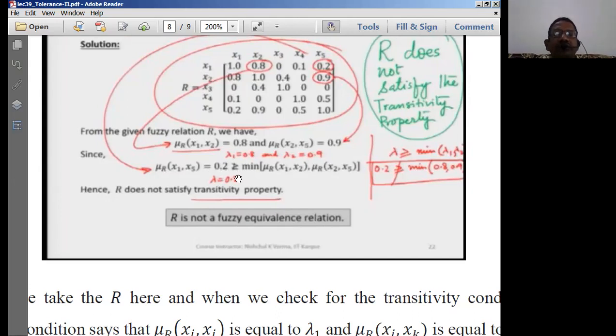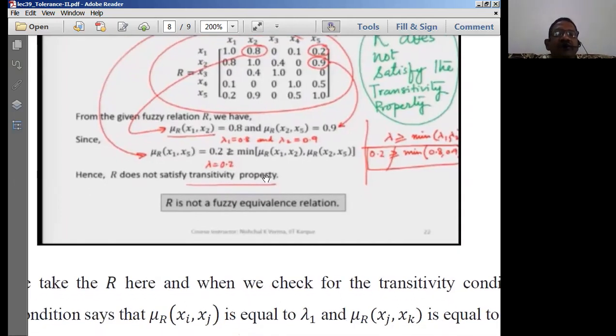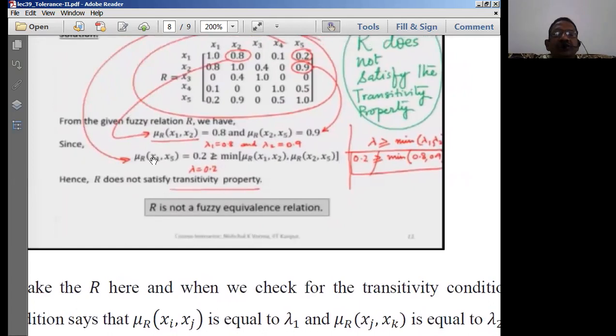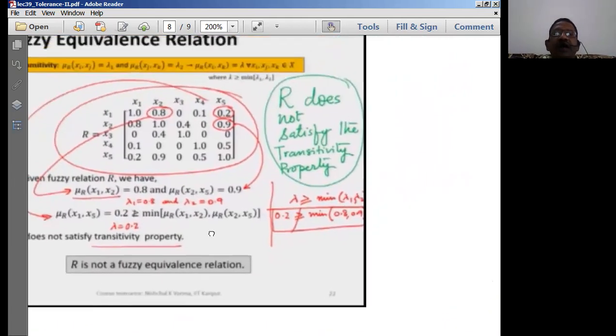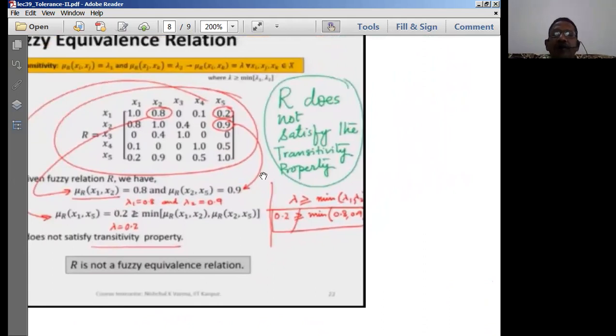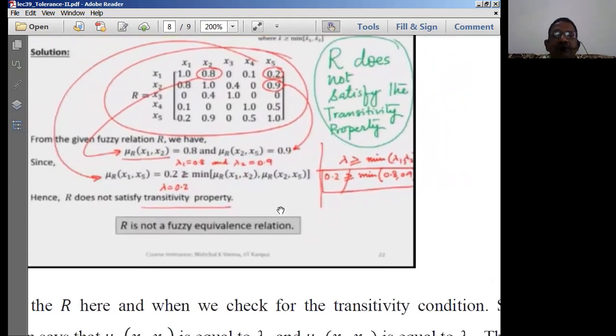So we say that this R does not satisfy the transitivity property. Since R does not satisfy the transitivity property, R is not a fuzzy equivalence relation.